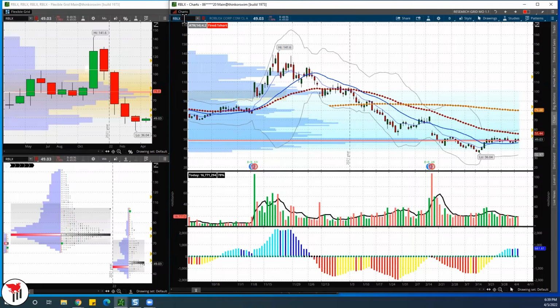So Roblox weekly, daily, I'm sorry, I'm looking at the monthly. So we have this thing that supposedly was going to get big with the metaverse, or everybody was going to be playing this thing instead of trading. So what I want to see at least is I want to see this monthly sort of buy. I don't want to call it that one because it's not in an uptrend.